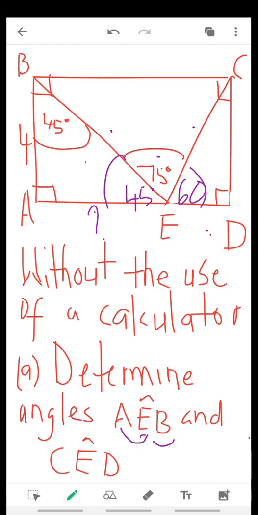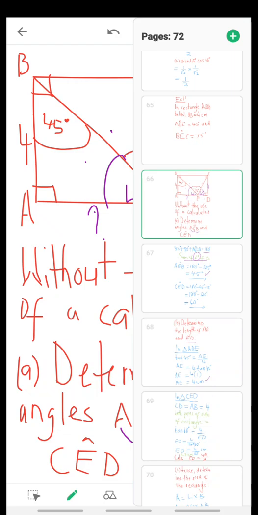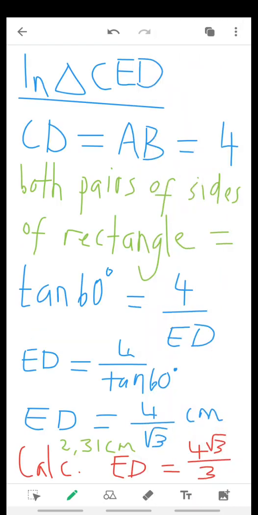Okay, but I have an angle and I have a side CD. Remember, I said CD will be 4 because of the properties of a rectangle. So 60 degrees is opposite 4 and is adjacent to ED, next to ED. What is that? Tan 60 degrees. It's a tan trig ratio. There we go.